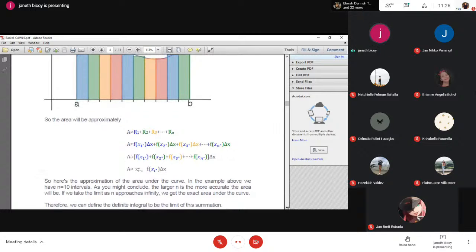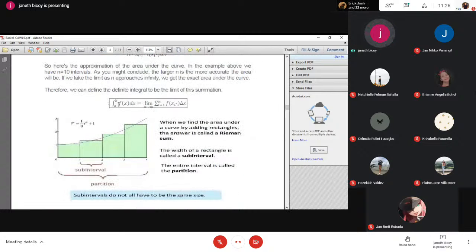So the integral of f of x dx from a to b is equal to the limit of the sum of f of x sub i, the length, times delta x, the width, i from 1 to n, as n approaches positive infinity. It cannot be negative infinity, because n could be 3 rectangles, 4, 5, but we can never have negative 5 rectangles. It should always be positive.